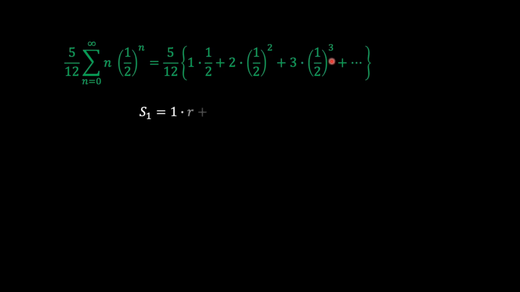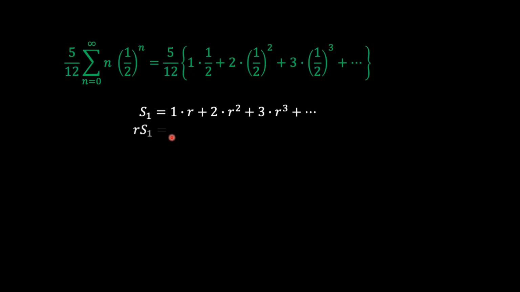So to really make this clear, let's take the sum of 1 plus r plus 2 times r to the power 2 plus 3 times r to the power 3 as S1. Take that sum to be S1. And this is a unique sum where, for every term in the summation series, we have a product of n and the common ratio.